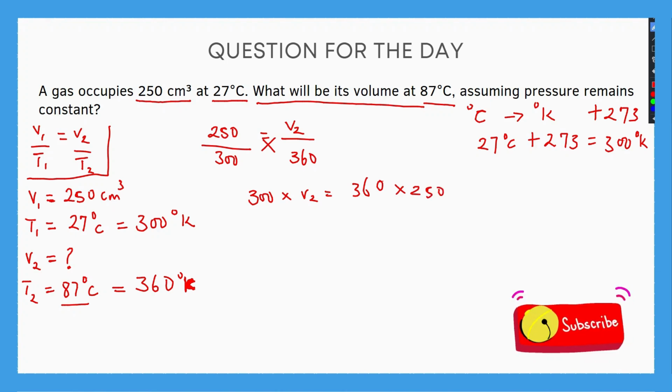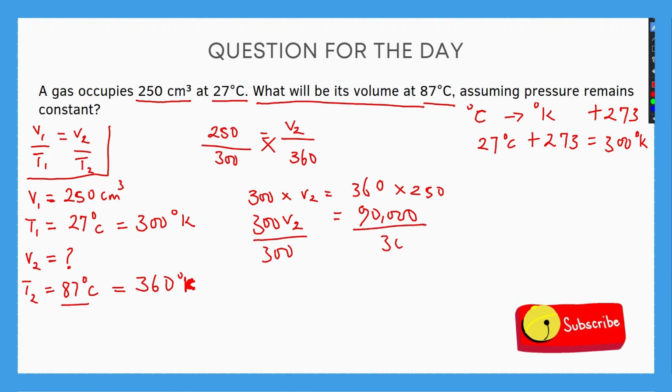So let's do a bit of math. 360 multiplied by 250 gives us 90,000, and this remains 300 V2. Since we're looking for V2, we divide both sides by the coefficient of V2, which is 300.